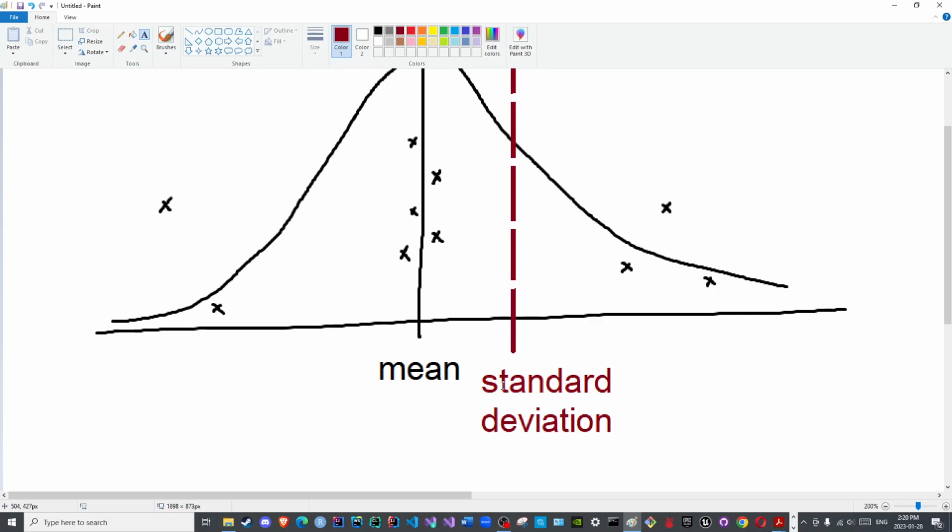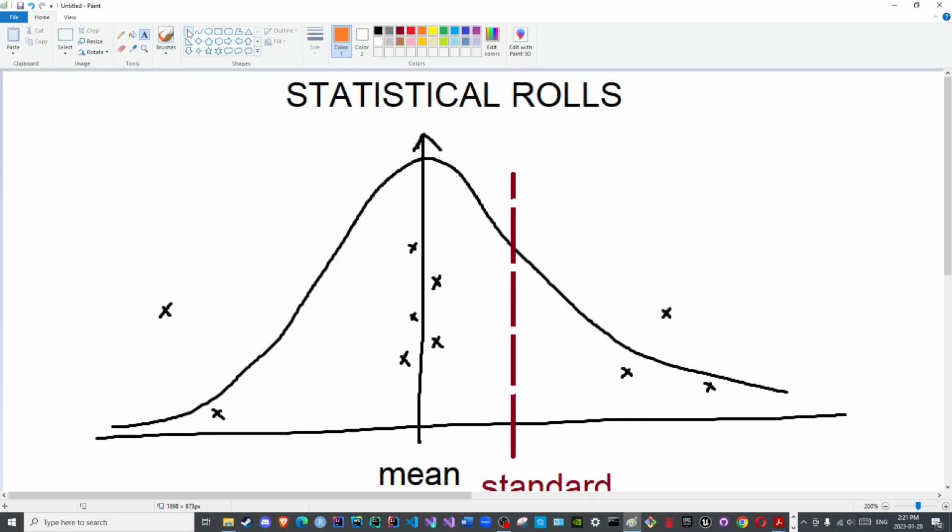Once the standard deviation of a particular measurement is calculated, then based on an individual measurement, you can say that this measurement is within one standard deviation from the mean, or within 2 standard deviations from the mean, or even 3 standard deviations from the mean, and so on and so forth.